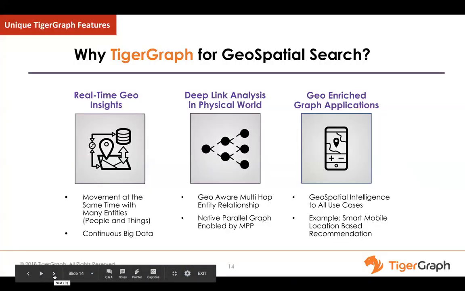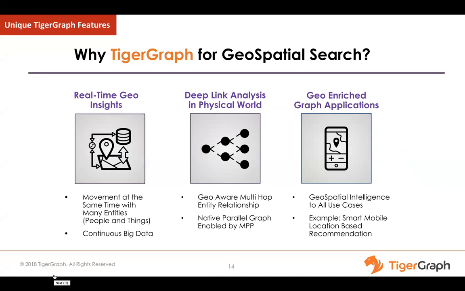I want to talk briefly about the unique TigerGraph features that are very suited for geospatial search and analytics. The first big benefit is real-time geo insights. Just imagine you're collecting a lot of data continuously. That's big data, and you are looking at the movements of the people and things, all the entities in your data sets, at the same time.